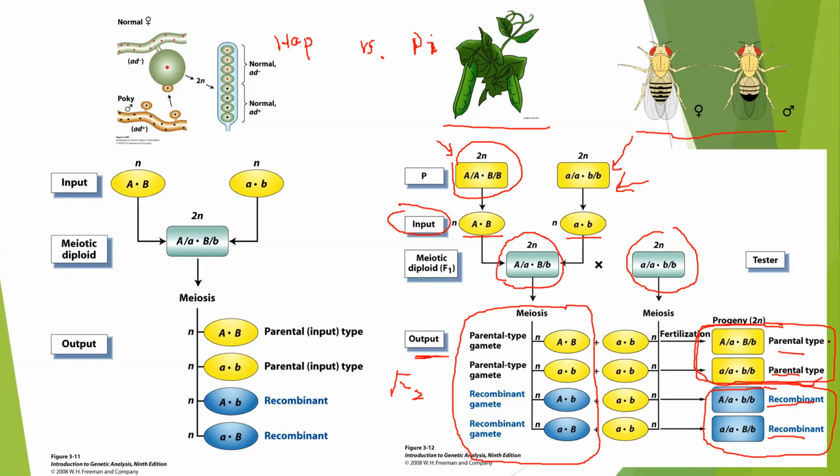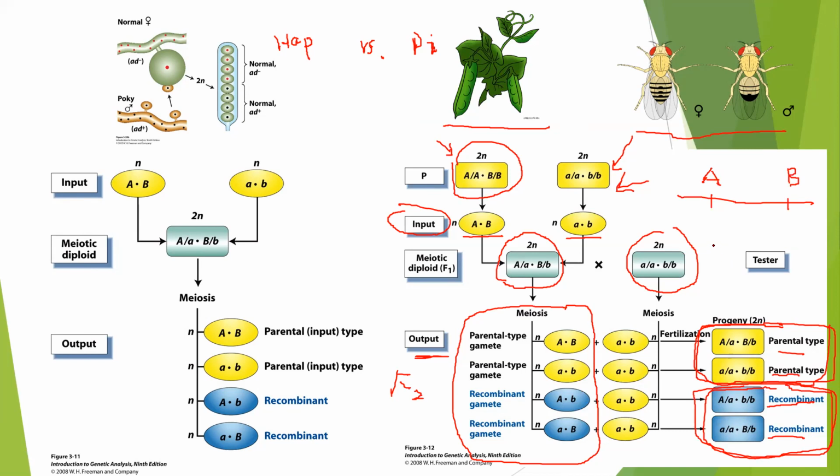If we got these results, we have learned how we can calculate the genetic distance between these two genes, A and B. Suppose they are linked, on the same chromosome. How can we calculate the distance between them?